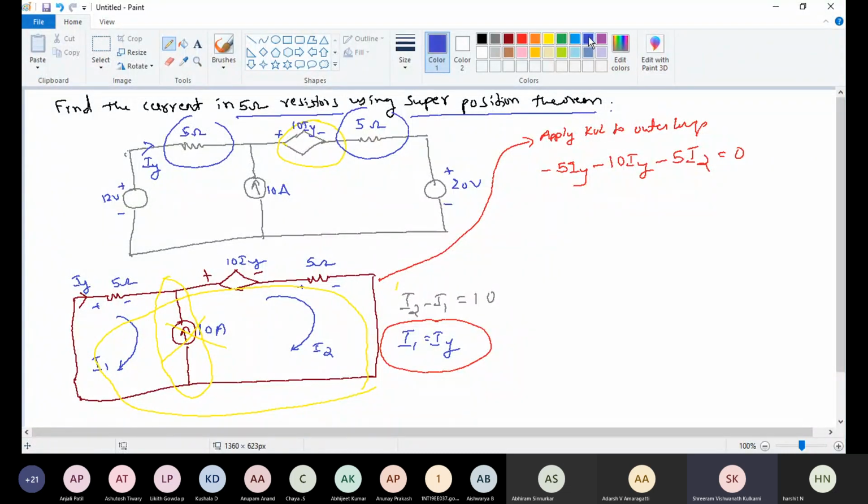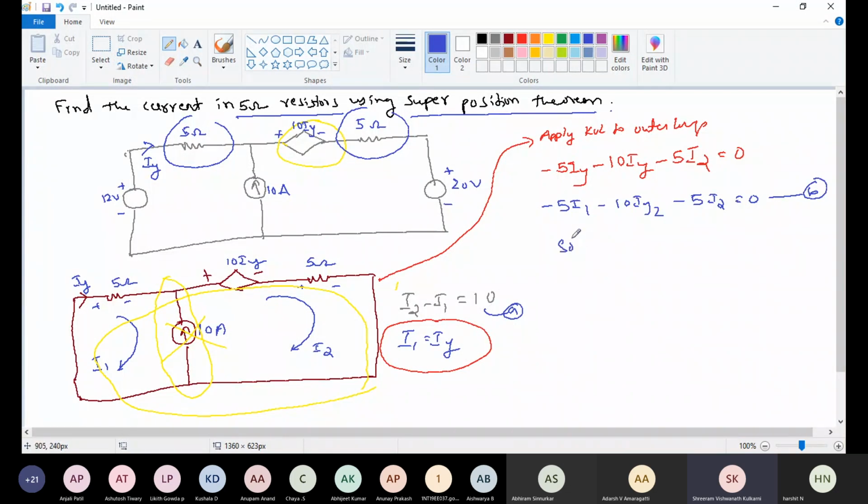But I know that I1 equals IY. So minus 5 I1, minus 10 IY, minus 5 I2 equals 0. This is my B equation. This is my A equation.